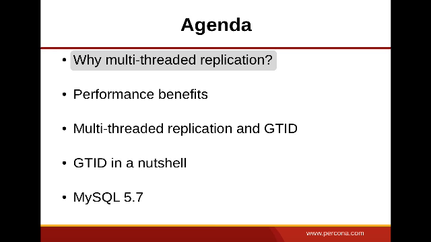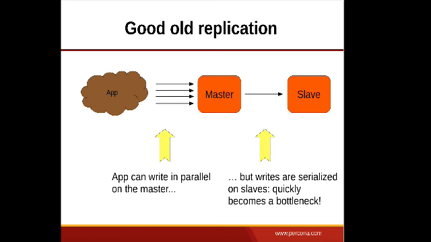So let's start with the first part, which is why multi-threaded replication. If we first look at the good old replication, we have on the left of the diagram the application. The application writes on the master, and as MySQL is multi-threaded, several concurrent connections can write at the same time on the master.